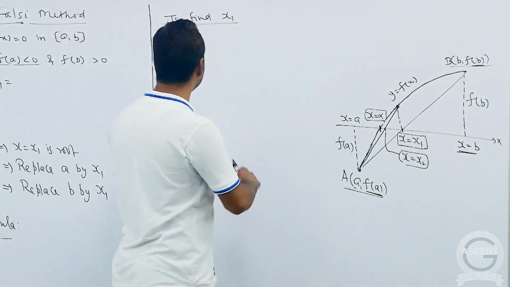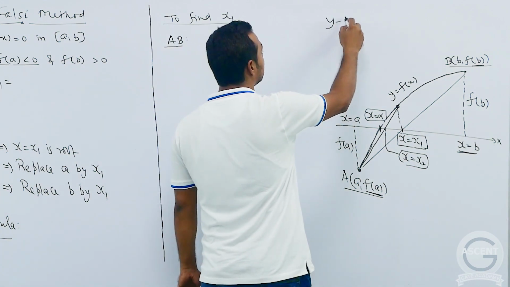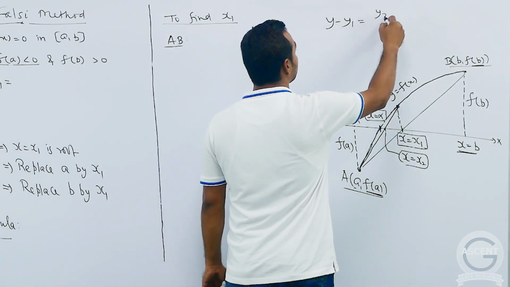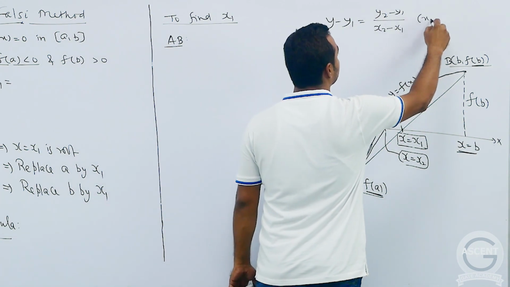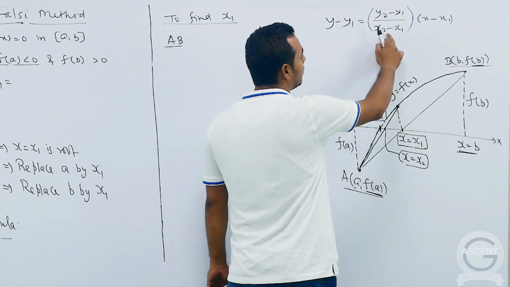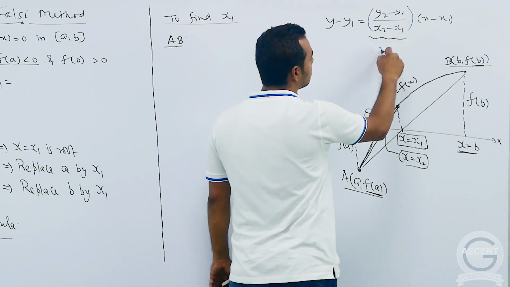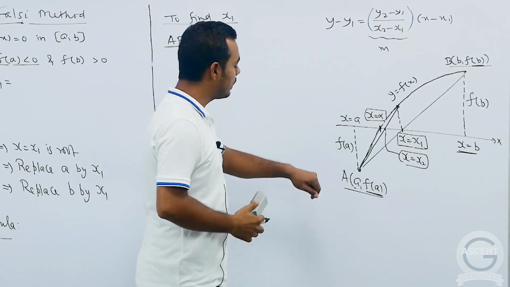If we want to write the equation of this line AB, we know that the equation of a line in 2-point form is y minus y1 equals y2 minus y1 by x2 minus x1 into x minus x1. This portion is the slope of the line, so y minus y1 equals m into x minus x1. This will be m, the slope of the line. Similarly here also we have these 2 points.